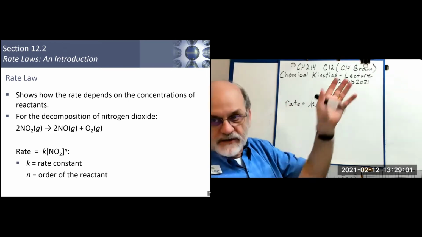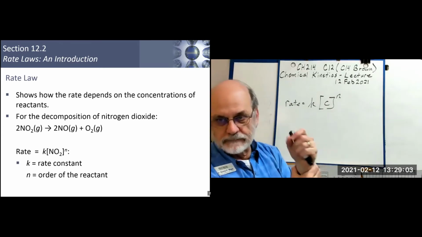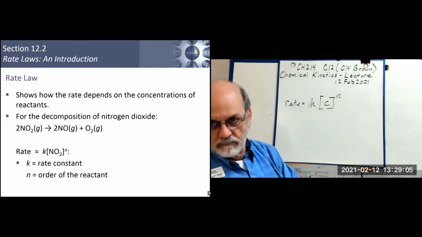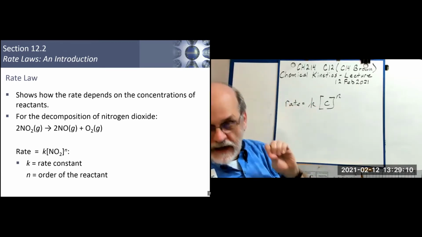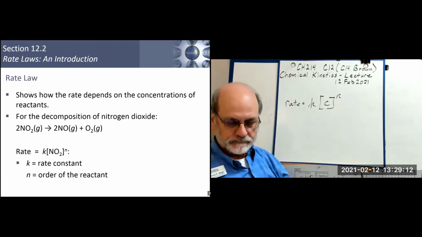Okay, this is the rate constant, and the units of measure for the rate constant can be, the sky's the limit. We don't even put the units in here until we've actually determined what they are.